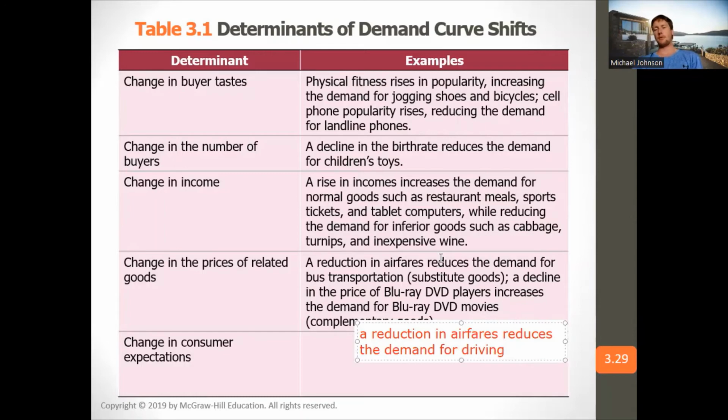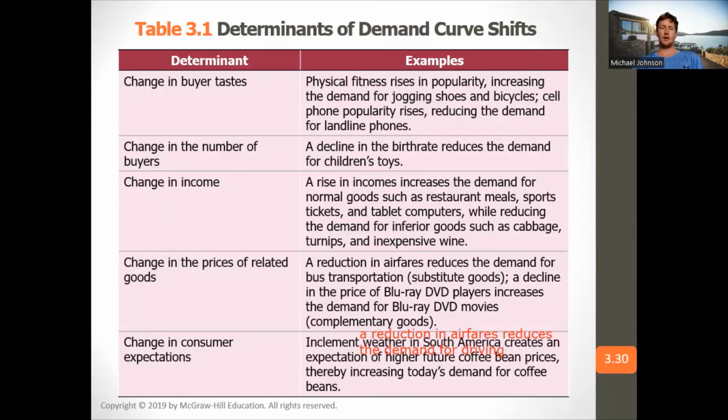That's probably a better example, because you're unlikely to take a bus to Florida. You might drive to Florida, but there's probably not a bus that goes all the way there. So you probably wouldn't drive to Florida now because it's cheaper to fly. So you fly to Florida if it becomes a lot cheaper. So that's a better example of what I wrote there.